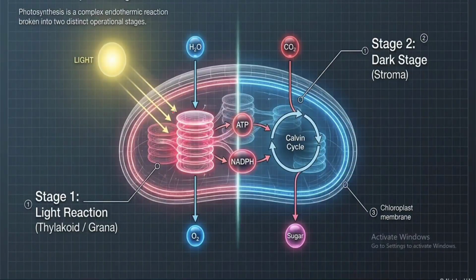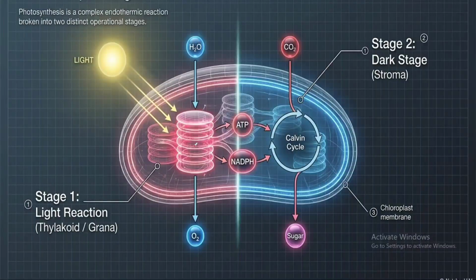All right, so if you look here, we have what we call the thylakoids or the grana. Each individual disc that can be found here is referred to as a thylakoid, but when they are in piles in this nature, they are referred to as the grana. So these are the locations for the light reaction or light dependent reaction.